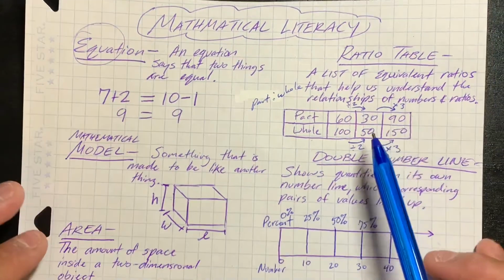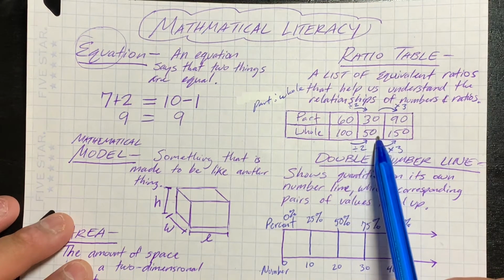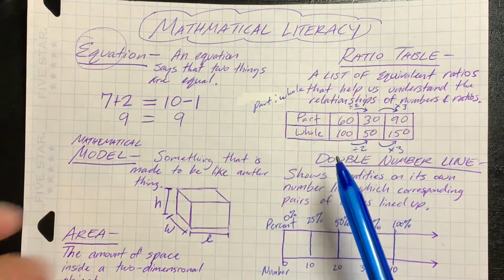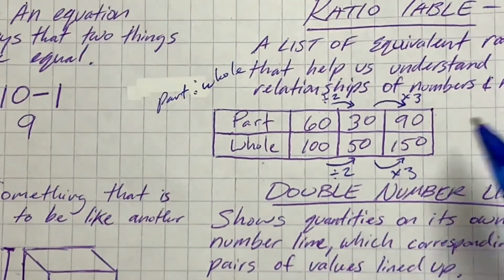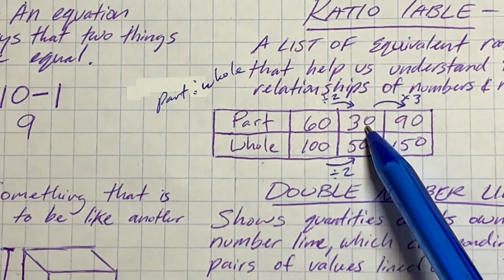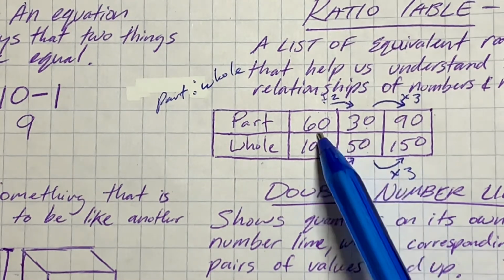In this sense, we have 60 over 100, 30 over 50, and 90 over 150. Look for patterns. 60 over 100, if we divide 60 by 2, we get 30, and if we divide 100 by 2, we get 50. These are equivalent ratios.